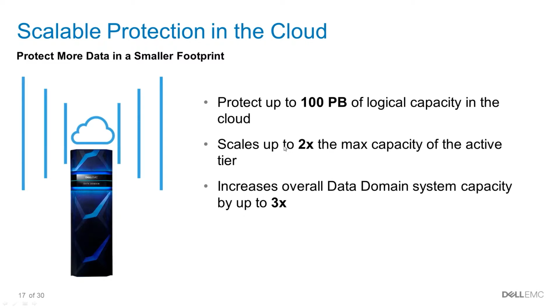So it actually says in the notes here that it can protect up to 150 petabytes of logical capacity with a single Data Domain system, but the bottom line is you're talking about scalability on the petabyte level, which for those type of clients that are looking for that, the numbers are just huge.